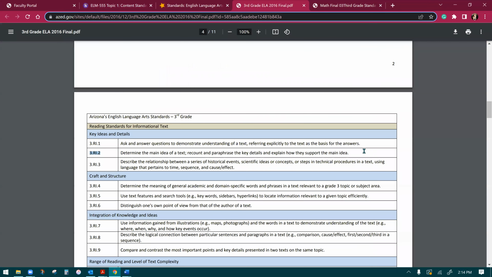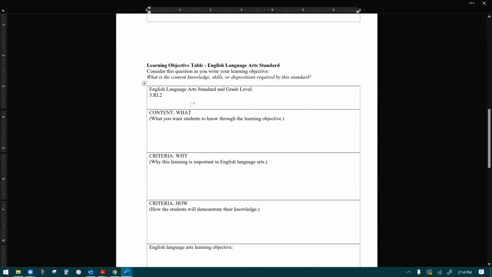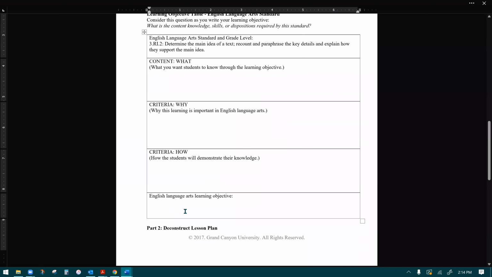Okay, determine the main idea. And I would look at all of those things I just showed you, which is: what am I doing? What do the students need to know? Why do they need to know it? And how do they demonstrate their knowledge? And then you'll write your language arts objective.